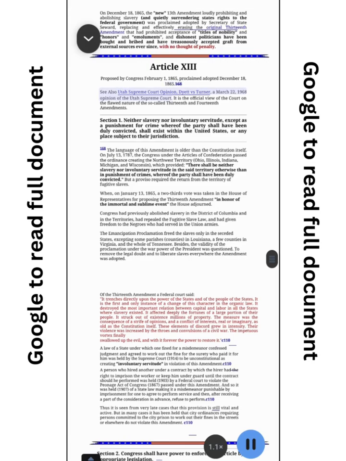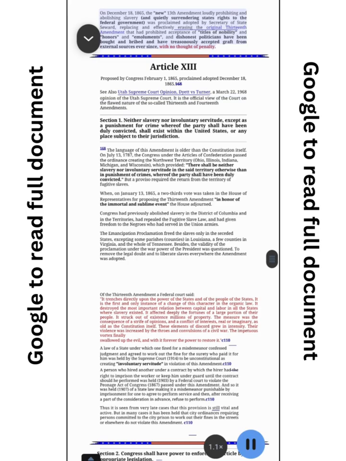1865. 168. See also Utah Supreme Court Opinion, Dyett v. Turner, a March 22, 1968 opinion of the Utah Supreme Court. It is the official view of the court on the flawed nature of the so-called 13th and 14th Amendments.